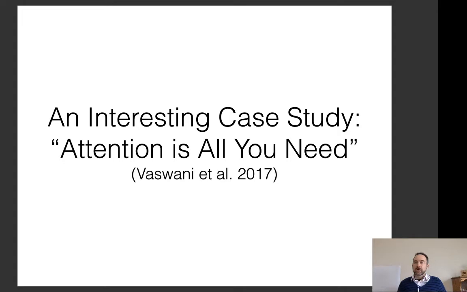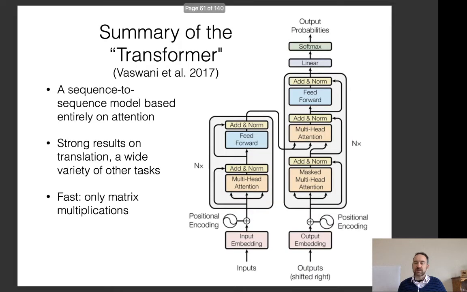So I've explained a couple varieties of attention, and I would like to do an interesting case study of what attention can do. The paper "Attention Is All You Need" by Vaswani et al. is a paper that hardly needs introduction if you've worked with NLP, but I think it's obviously worth covering in any NLP class.